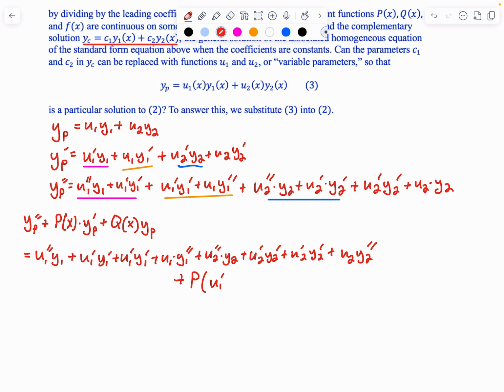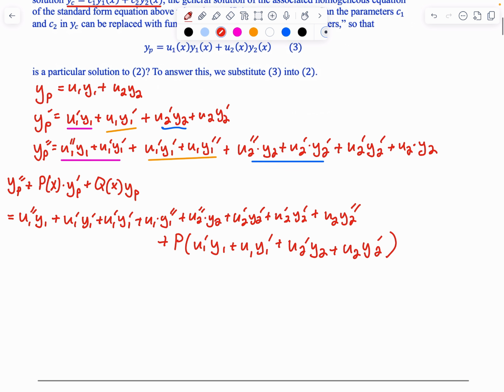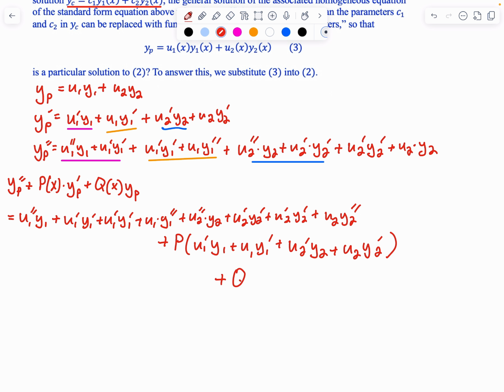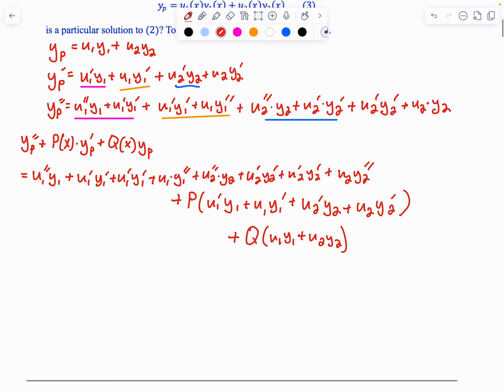All right, so I have everything that was multiplied by p. All right, u2 prime y2 plus u2 y2 prime. All right, and then we need the q terms. So q times u1 y1 plus u2 y2. All right, so that's all of that.